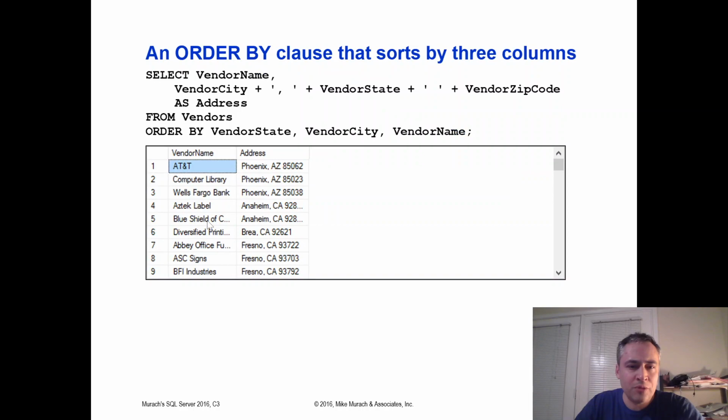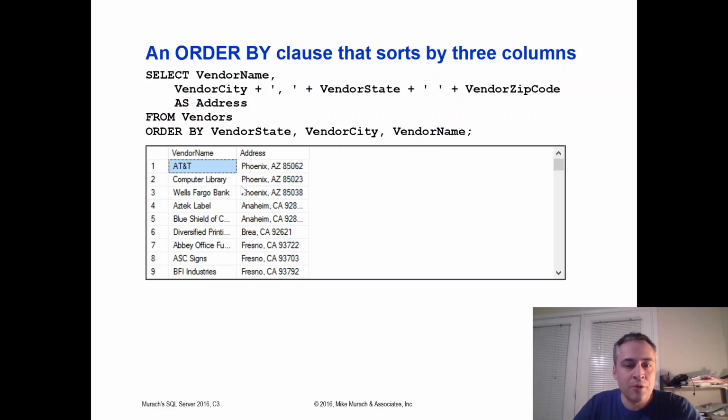Now let's move to a somewhat more interesting example. The columns are the same, I think, but they are ordered differently: by vendor state, vendor city, and then vendor name. First by vendor state, and we can see here Arizona goes first. After that goes California, and if the vendor state is the same, California, then we order by vendor city, and lastly by vendor name.